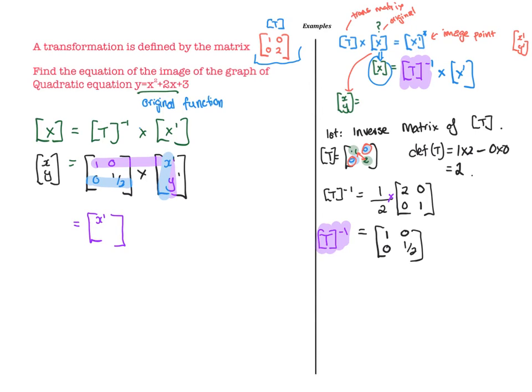So it'll be 0 times image X plus a half times image Y. So won't that one be a half image Y? Really, you could tidy that up. We should really write it as Y dash over 2, because that's like times-ing by half.